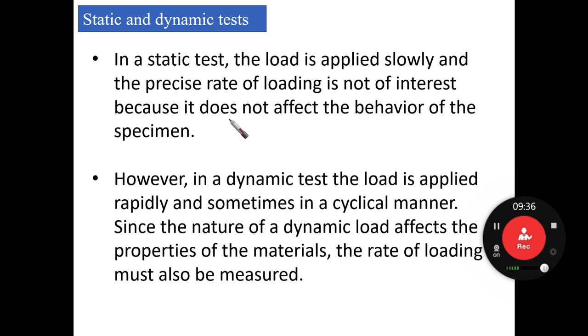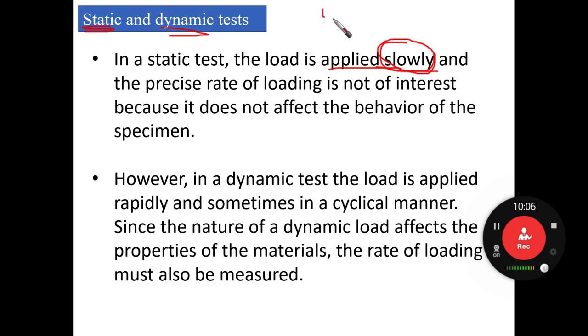Regarding testing types, we have two different types of testing. One is static and the other is dynamic. So we call them static tests and dynamic tests. In a static test, the load is applied slowly. Take care of this word, slowly. It is applied slowly, and the precise rate of loading is not of interest because it doesn't affect the behavior of the specimen.